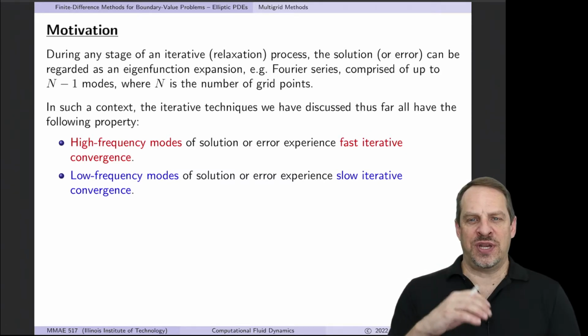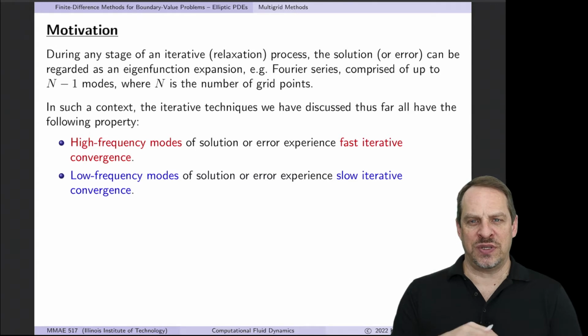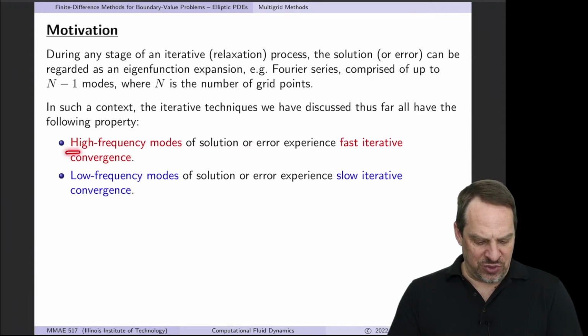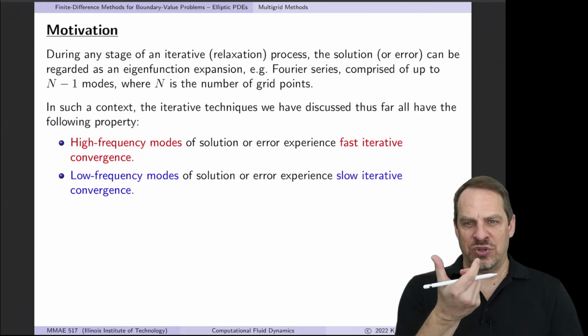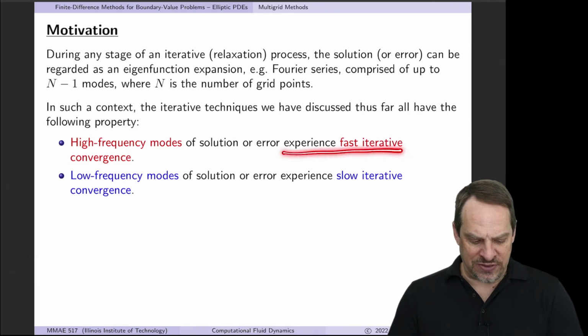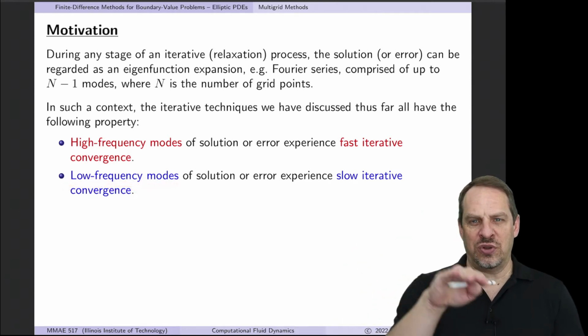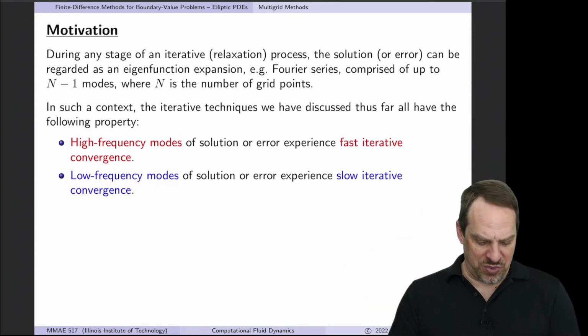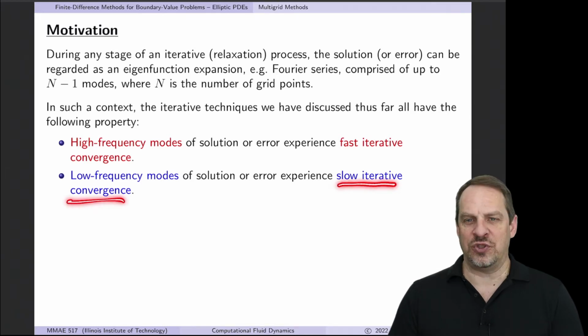And what you'll find if you test these iterative techniques that we've been discussing on various types of problems, there's a very consistent behavior as follows. High frequency modes in the error, which have of course very short wavelengths, tend to experience very fast iterative convergence, whereas low frequency modes, so long, lumbering, large wavelength modes, tend to have very slow iterative convergence properties.